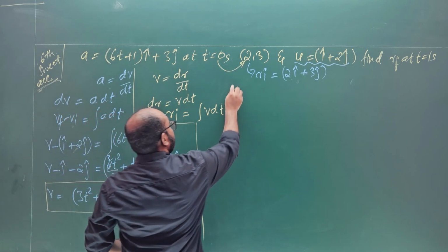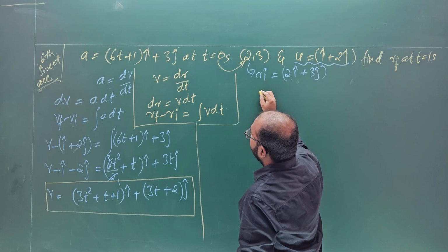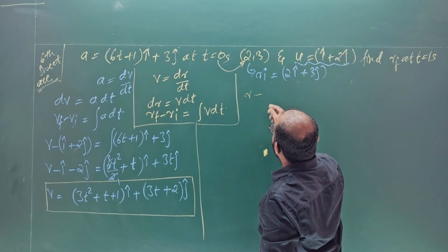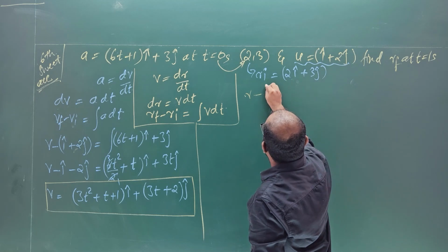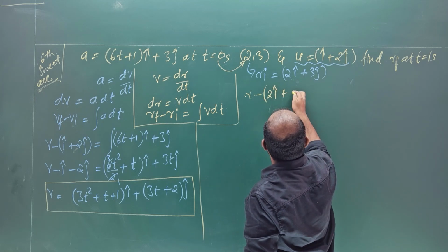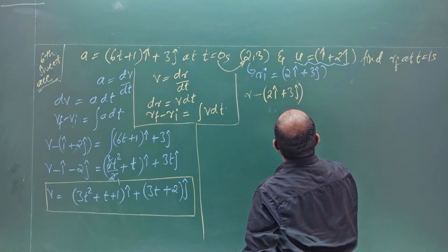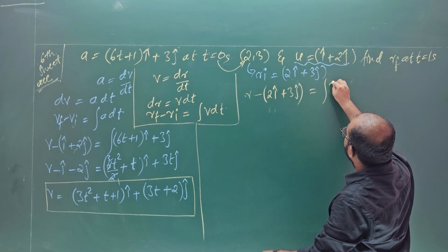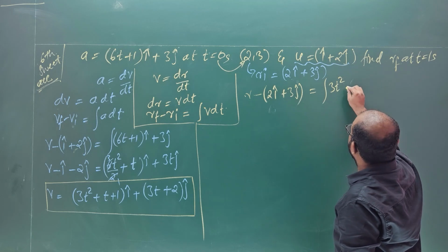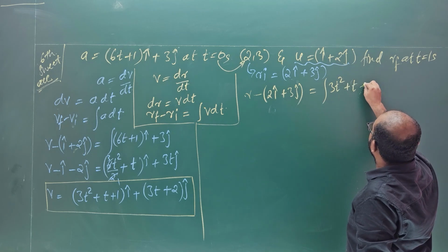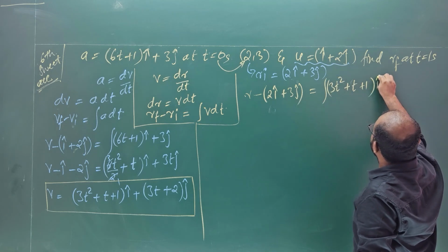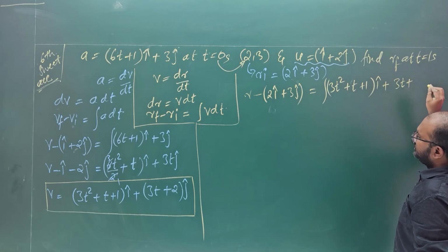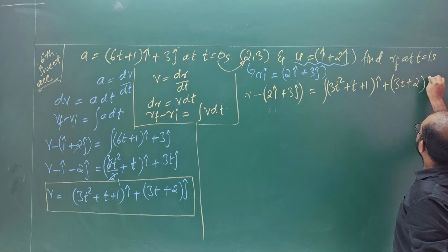Okay. Now, what is your v? So, let r final be r, minus r initial, which is 2 i cap plus 3 j cap, and the integral of v, which is 3t square plus t plus 1 i cap, plus 3t plus 2 j cap.